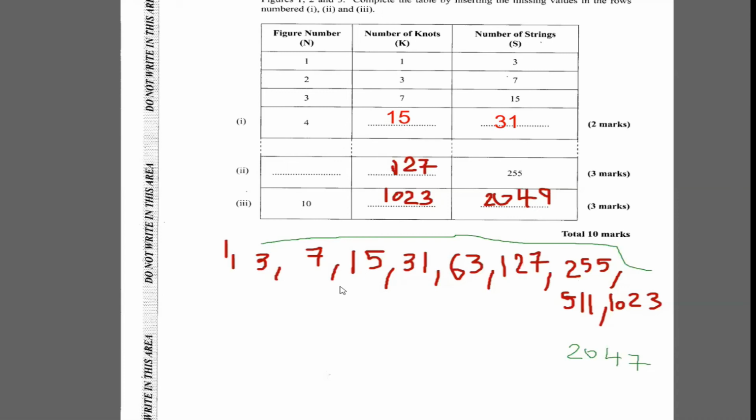When number of strings is 15, number of knots is 7. So when number of strings is 255, the knots is 127. And what's the figure? The figure is going to be 1, 2, 3, 4, 5, 6, 7. This is the seventh figure. All right, and that's how we complete this table. Nice and easy.